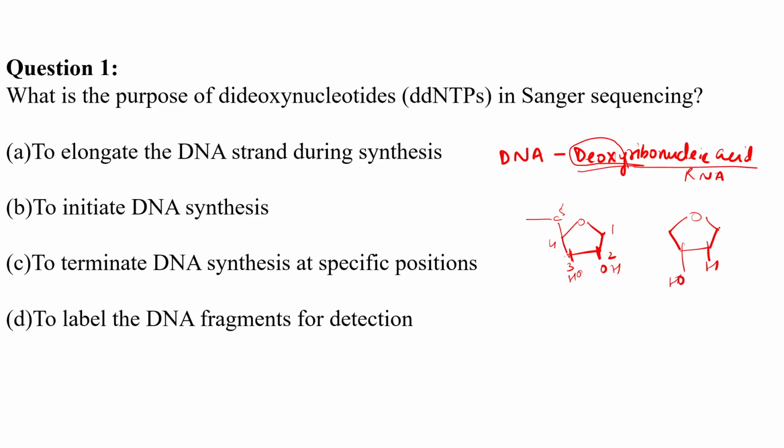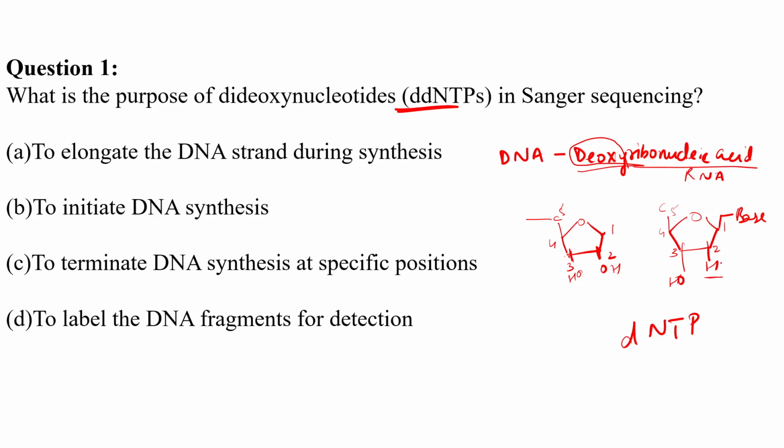This is the structure that we have in case of DNA, which is why it is named deoxyribonucleic acid or deoxynucleotide. From the first carbon we will have the nitrogenous base attached. So this is dNTP. Now in this question, we have ddNTP. What do we mean by dideoxy? That means 2 of the oxygens are removed.